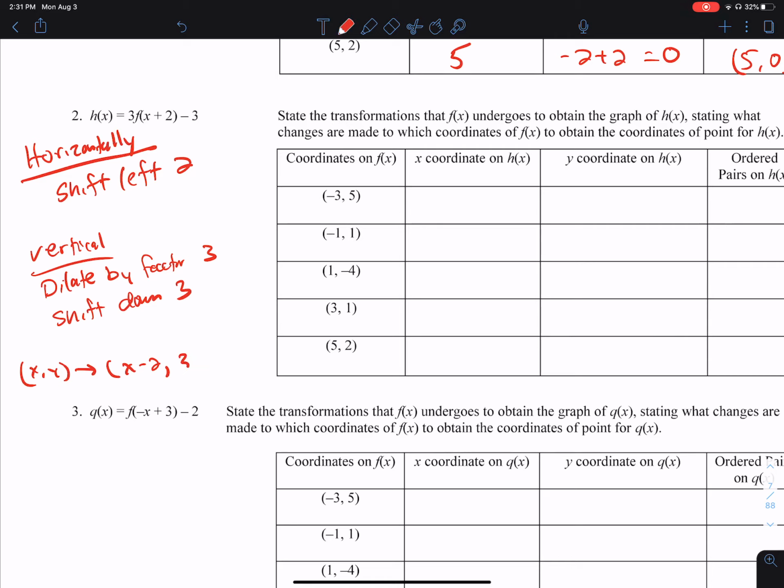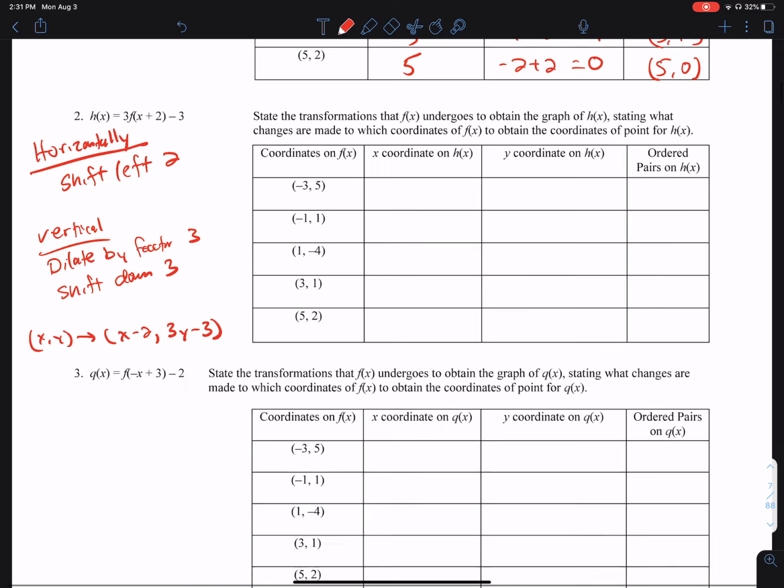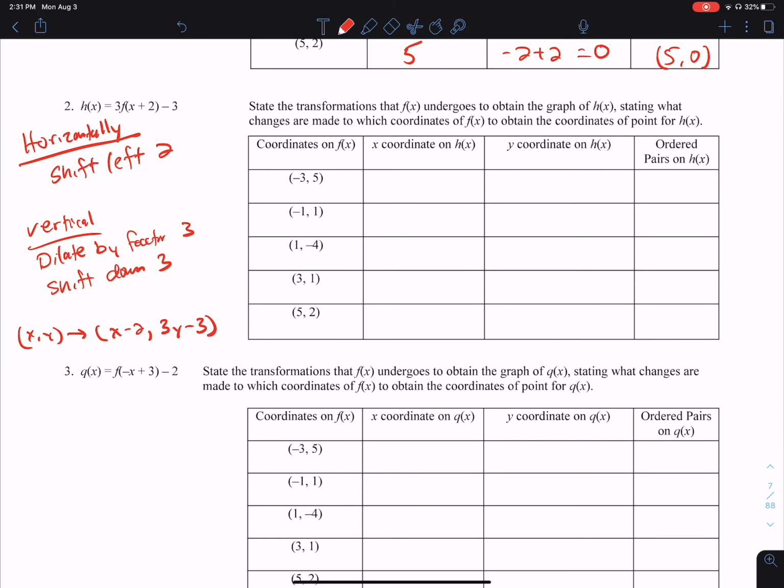And then we're going to have 3y minus 3: dilate by 3, which means times 3, and then down 3 means -3. So our new x coordinate for h is going to be the same as the original, minus 2.